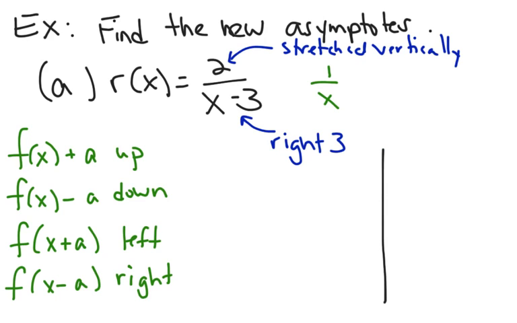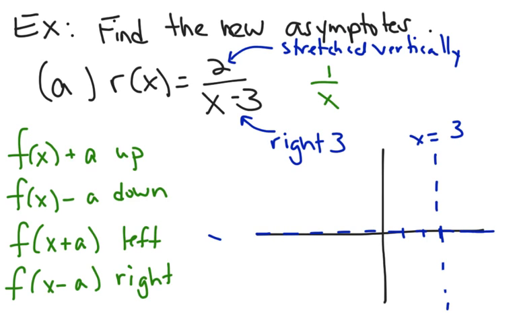The original asymptotes of 1 over x were the x and y axis, but now I move the graph 3 to the right, so my new vertical asymptote is going to be at 3. So now my asymptotes are x equals 3 and y equals 0. Moving a graph left or right does not change the horizontal asymptote.